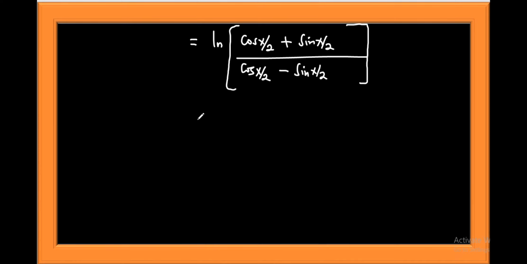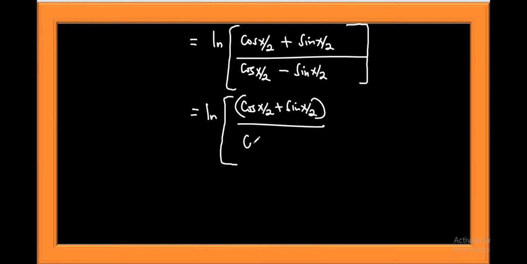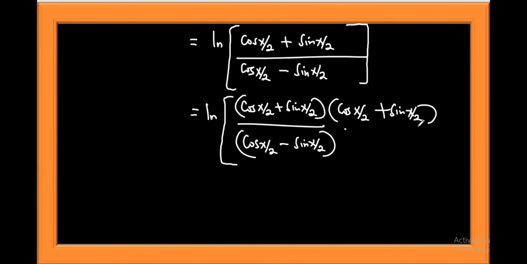So the best option will be saying this is natural log of cos x out of 2 plus sin x out of 2 over cos x out of 2 minus sin x out of 2, and then we multiply by the conjugate of the denominator, which is going to be cos x out of 2 plus sin x out of 2, dividing everything by the same.